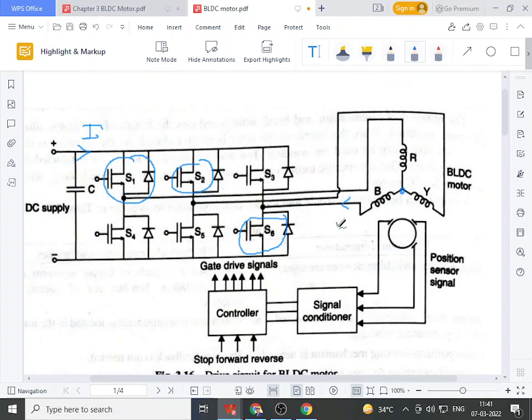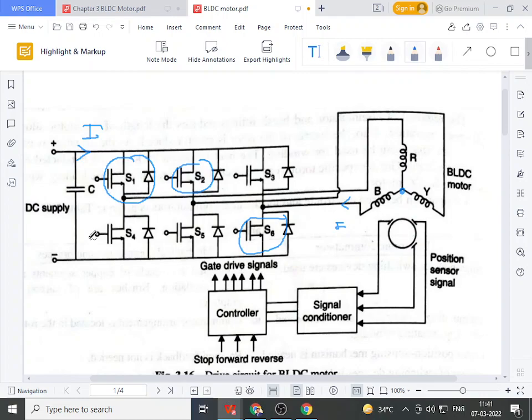So this current is now I, and that I current continues through S6, and then comes towards negative. So that will be the closed loop. Again here all three phases will carry current, but due to this particular switching sequence, there will be shifting of stator magnetic field in forward direction by 60 degree.